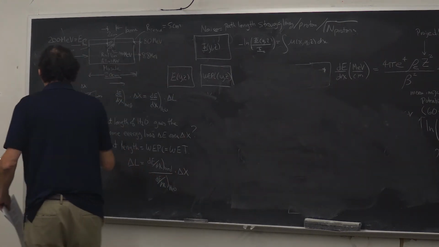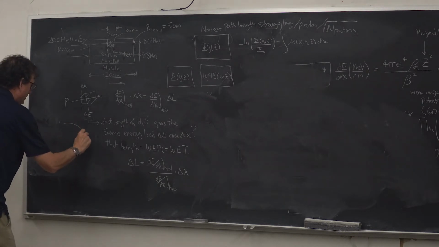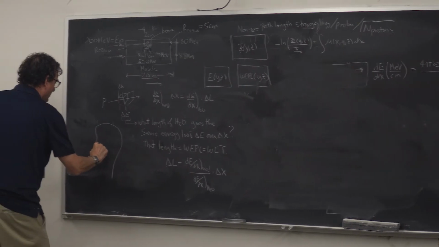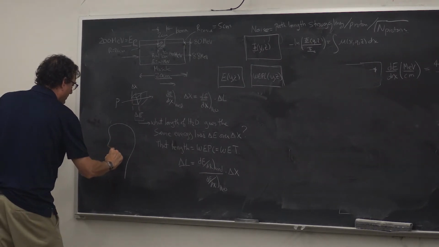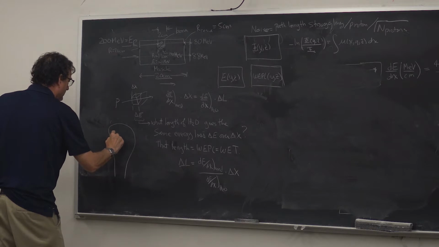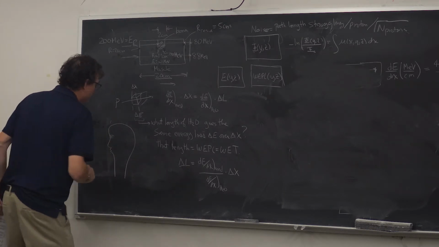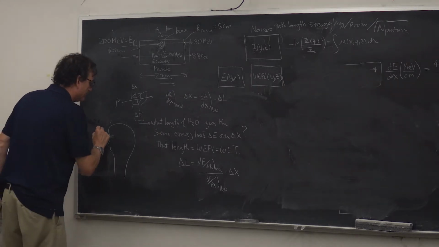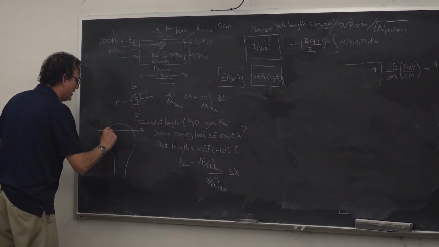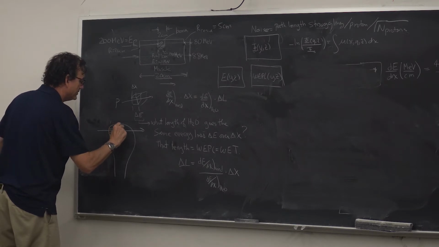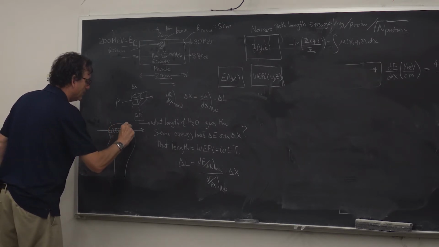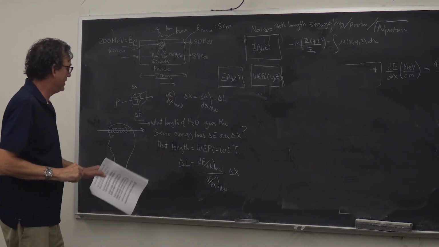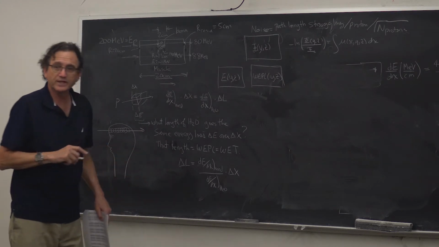So, for example, if I'm shooting through the head, the eyes are right here, right? So that's my artistic picture of a head. Then I have a trajectory of the proton going through here, and it's going through every voxel. Okay? So I'm going to have an equation like this for every voxel that it goes through.